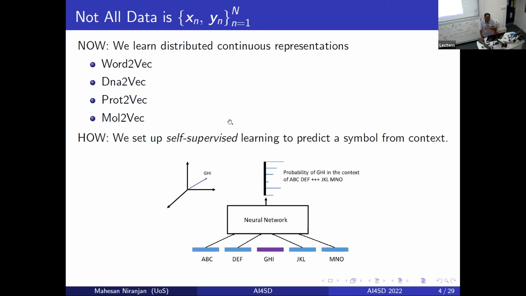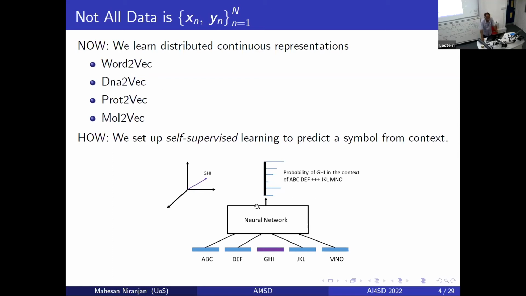The idea of self-supervised learning is to pull out a representation that would capture the context in which words might occur, context in which DNA combinations of nucleic acids might occur, combinations in which molecules, proteins, whatever you name it, occur. I only put 4 words here. There are about 25 to 30 different kinds of data transformed to some vector space.